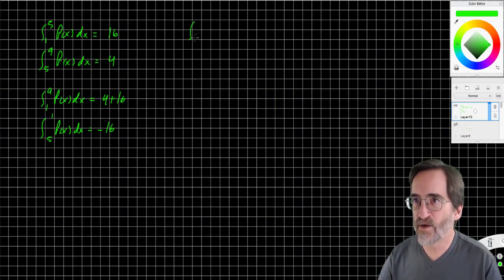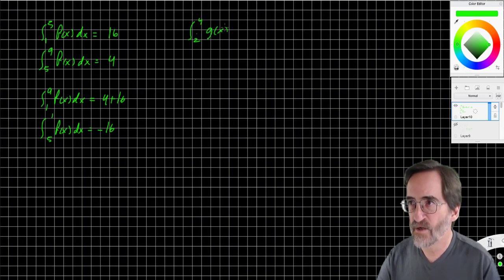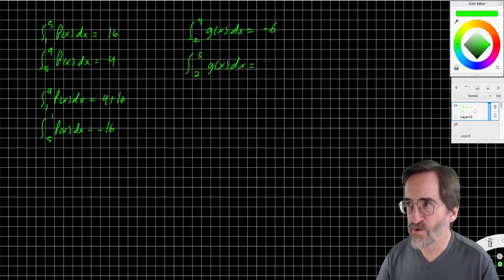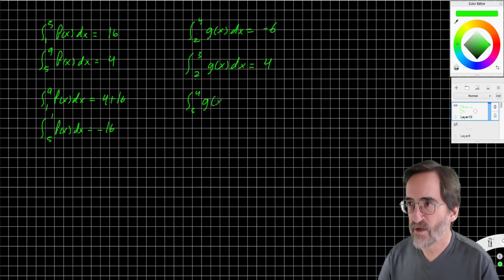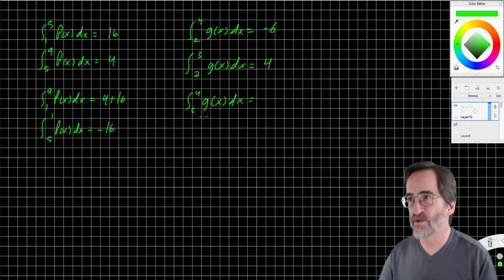Let's say the integral from 2 to 4 of g of x dx is negative 6, and the integral from 2 to 3 of g of x dx equals 4. Then what is the integral from 3 to 4 of g of x dx? Now I can just subtract, or I can use this logic.